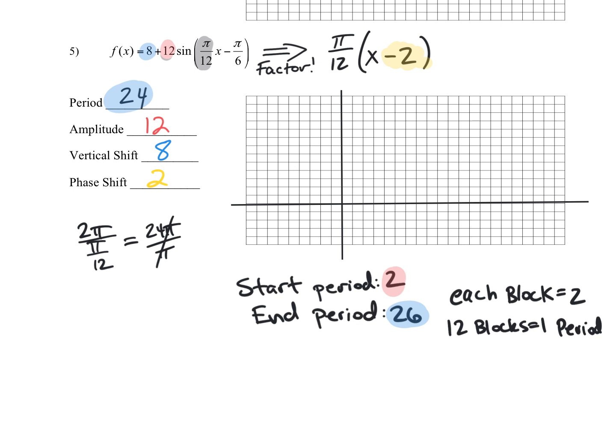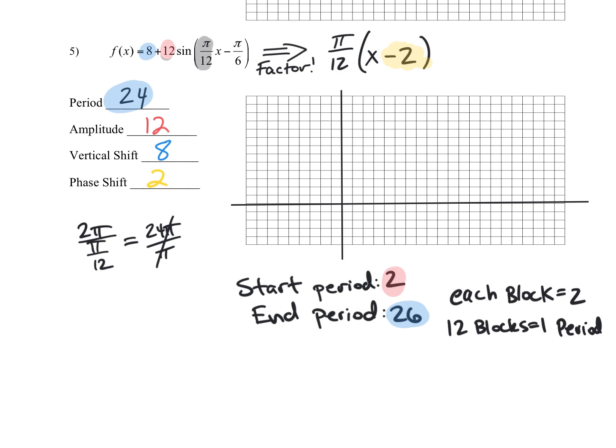So I have a period that's going to start at 2 and end at 26. Because we have this phase shift, it's going to be difficult to work with 8 blocks here. If I had a phase shift of 2 and I made each block worth 3, my phase shift's not going to be on a nice, easy intersection point. So instead, I'm going to use 12 blocks. That should get us where we want to go.